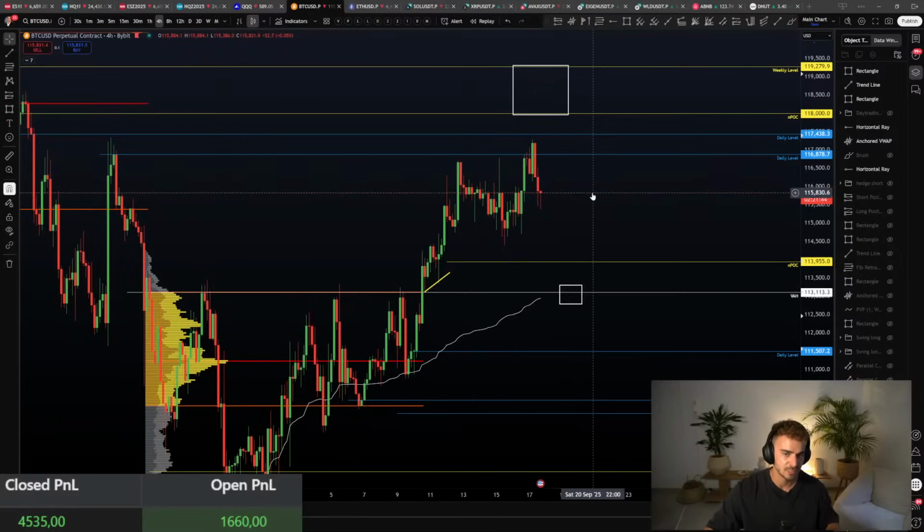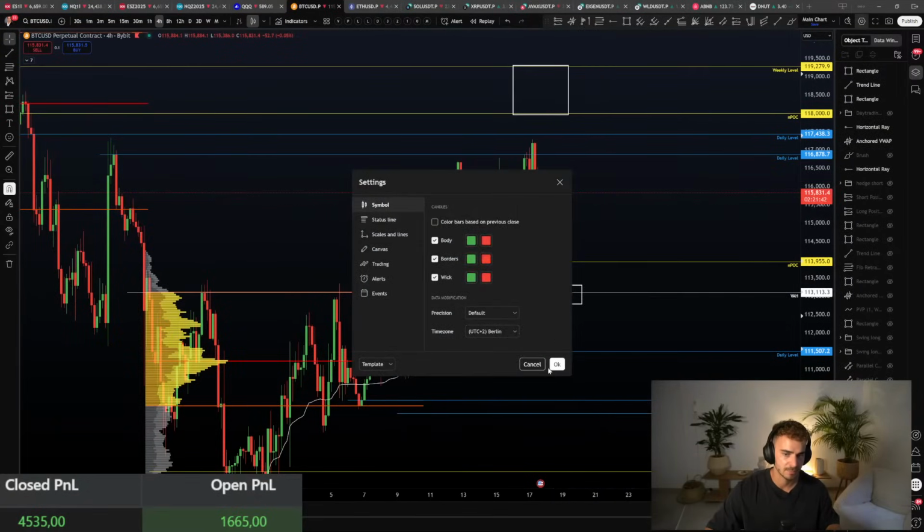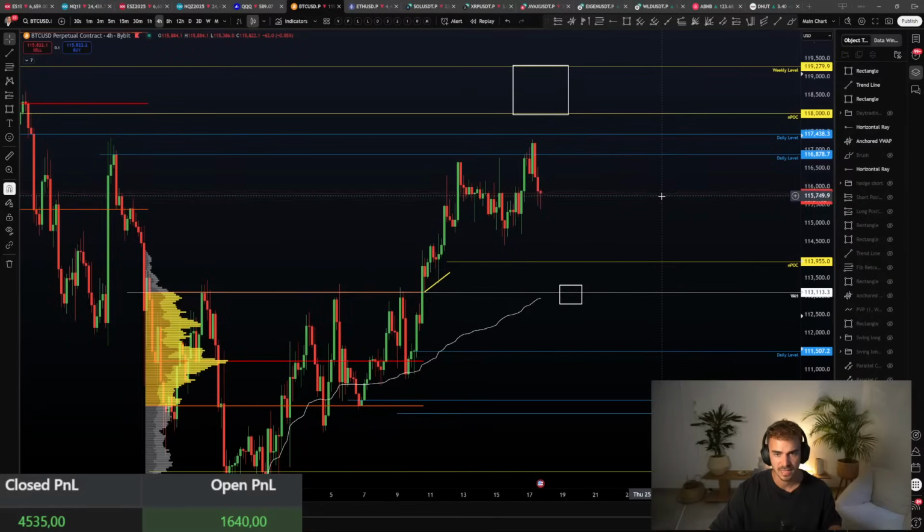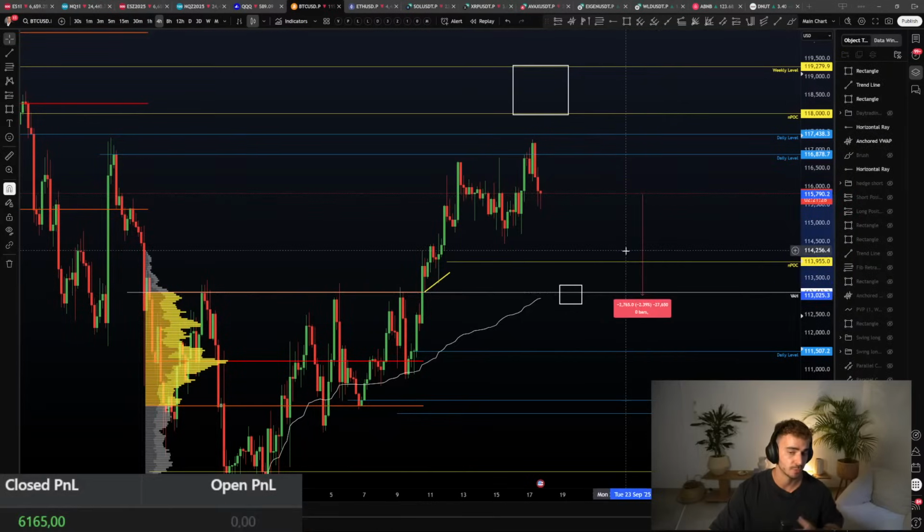On BTC, we have to be realistic and say, well, this move to the upside is a 1.8% move. I would say it is realistic for a data release like this. And the level to the downside is 2.3% away.